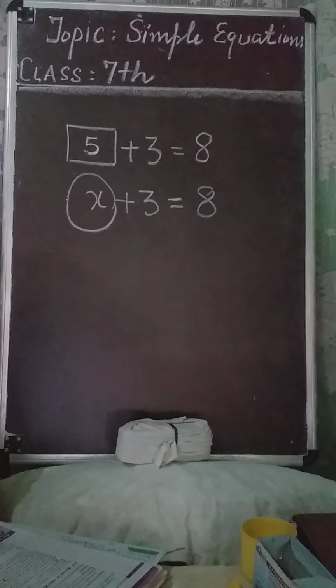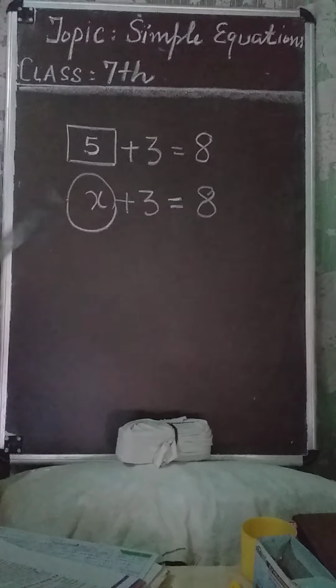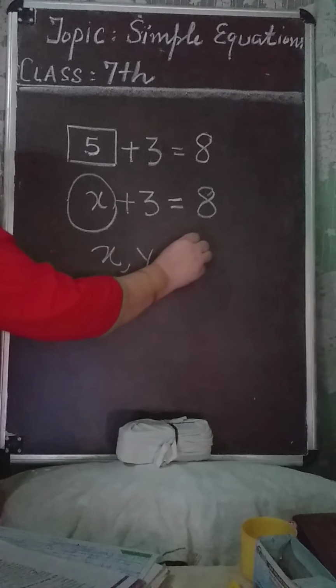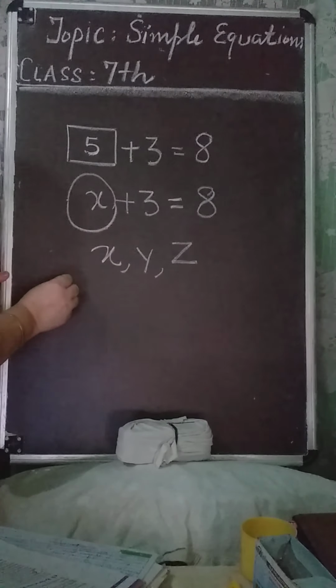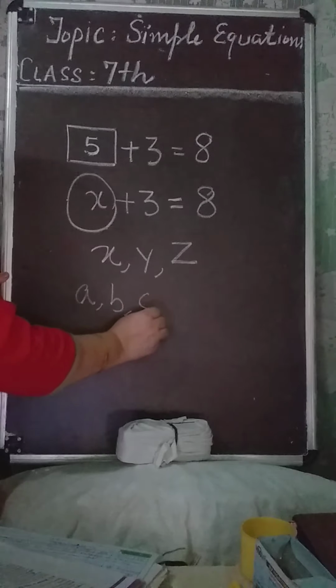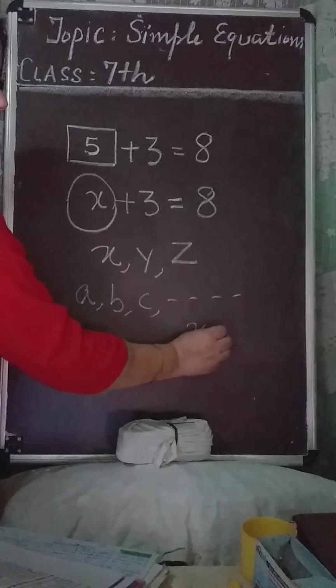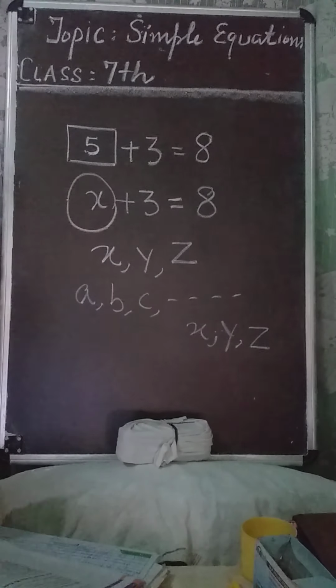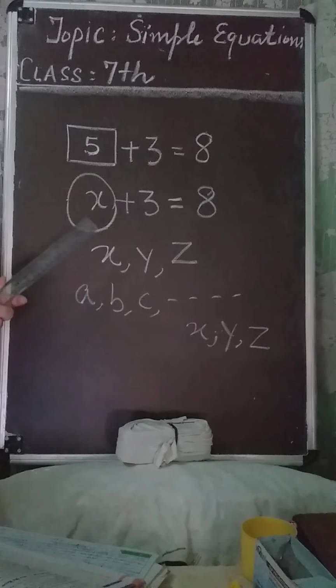Its value is not fixed. Variables are usually denoted by x, y and z, or you can use any of the English alphabet A, B, C, D up to X, Y, Z.